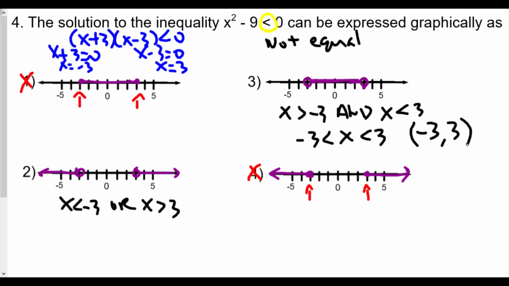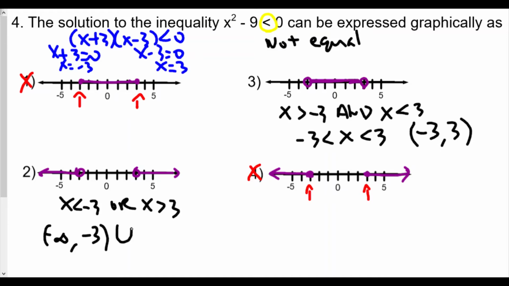Now, for choice 2, your interval notation would look like the following. Definitely negative 3 at the right endpoint, but not including, open parenthesis. And then negative infinity means that we're including all the values of x less than negative 3. Or it can be written as an upside down u, or an upside down v in this case.